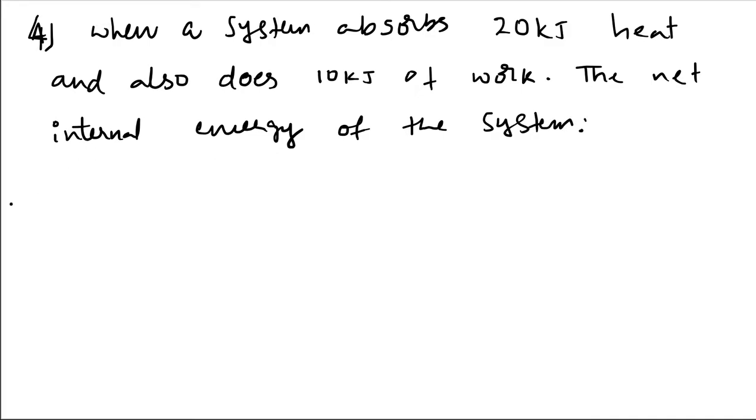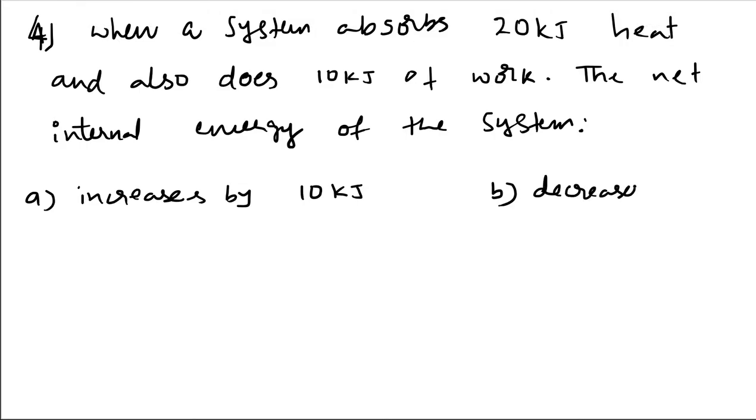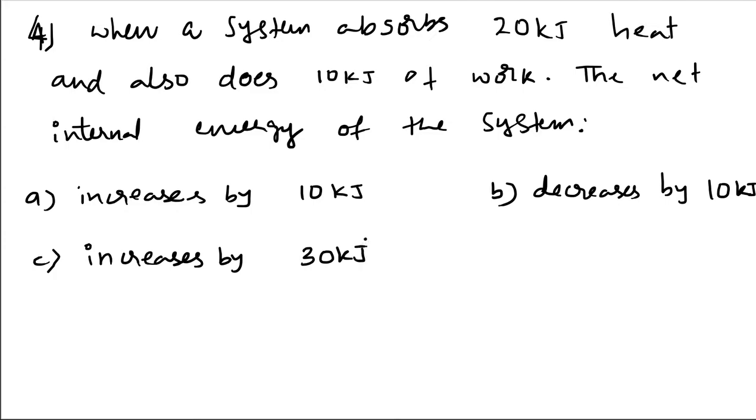A, increases by 10 kilojoules. B, decreases by 10 kilojoules. C, increases by 30 kilojoules. And D, decreases by 30 kilojoules.